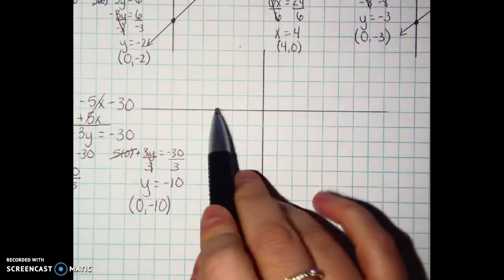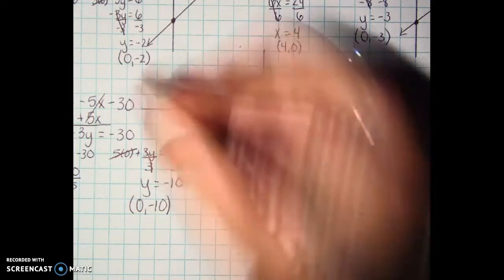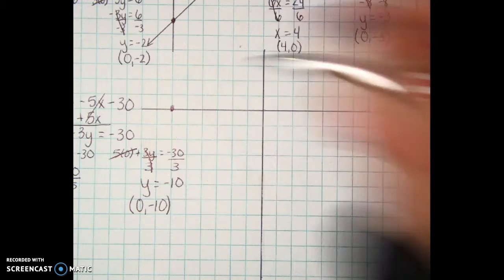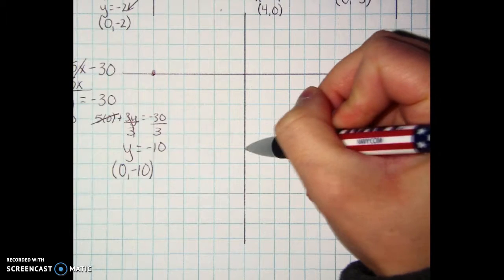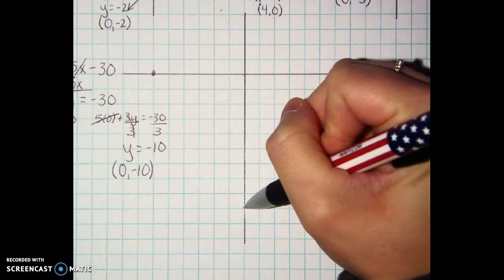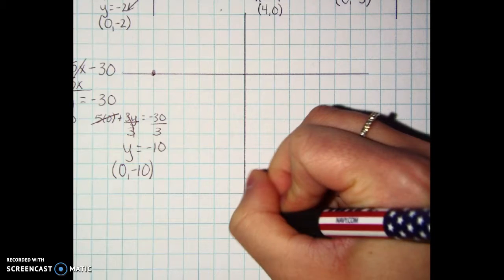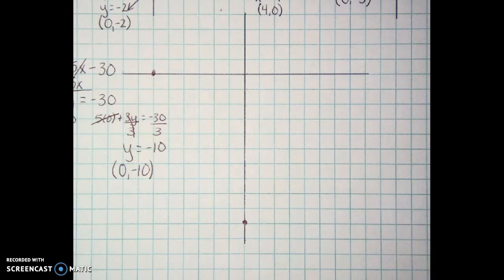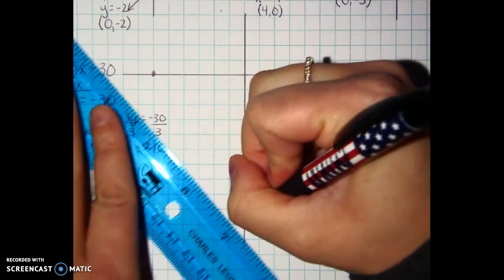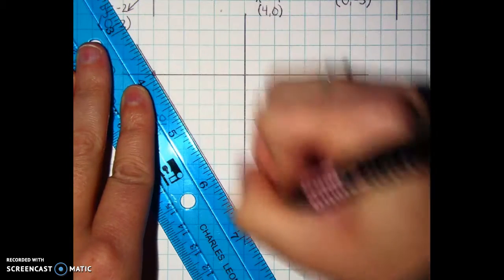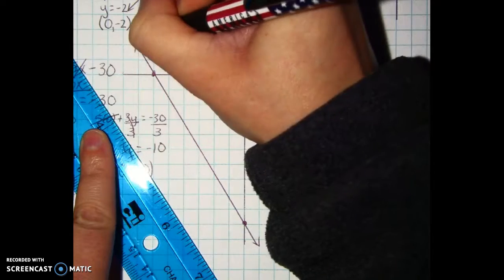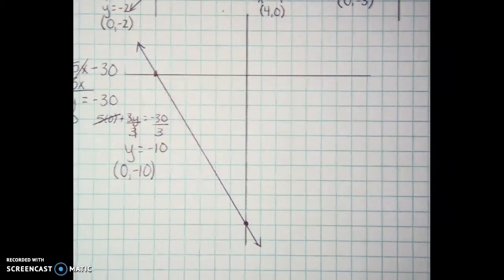So 1, 2, 3, 4, 5, 6. And 0, negative 10. 1, 2, 3, 4, 5, 6, 7, 8, 9, 10. Okay, and that's how you do it.